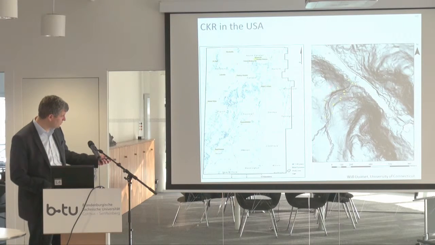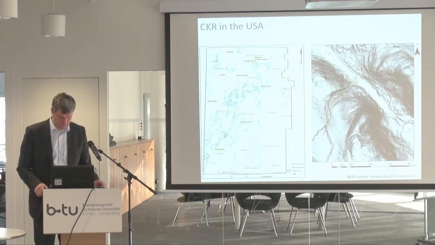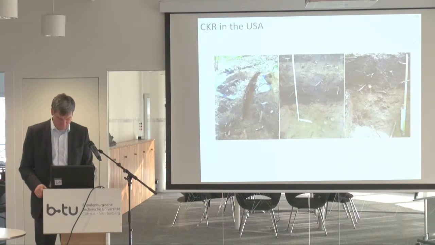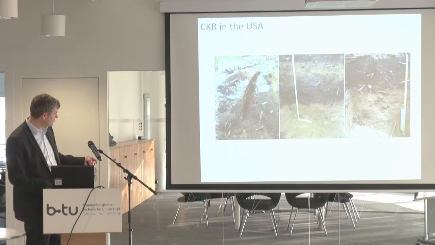And if you look, this is again an SRM image. You see all the dots all over the area, and it's completely forested nowadays. So the whole area is full of these charcoal kiln remains. We did some trenching on it, and in this example you see the charcoal kiln platform and how it looks in the soil profile.